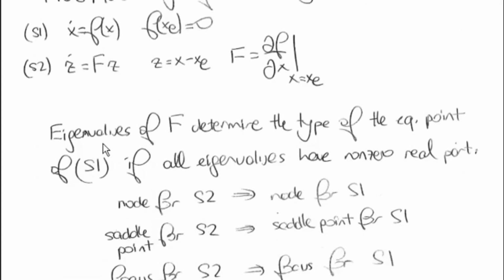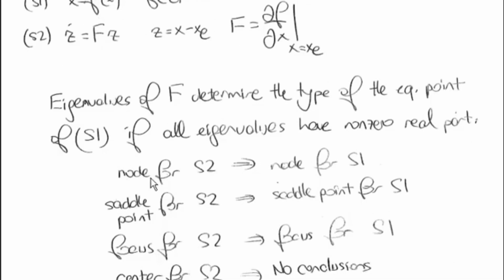So here, if the eigenvalues of the linearized system have all non-zero real parts, then we can say something about the trajectories around the equilibrium point of the actual nonlinear system.